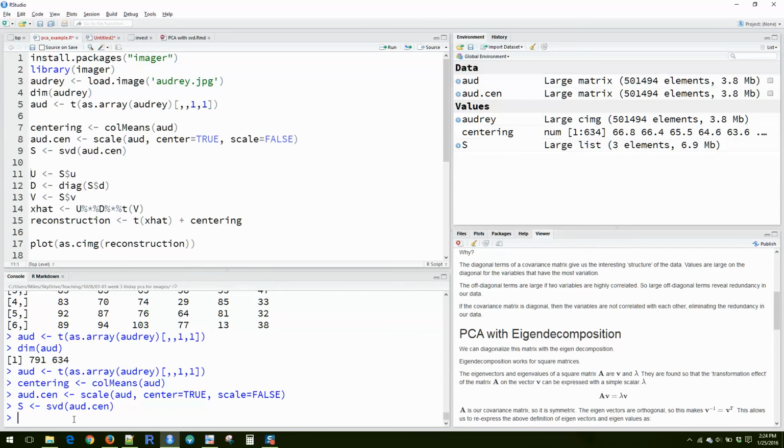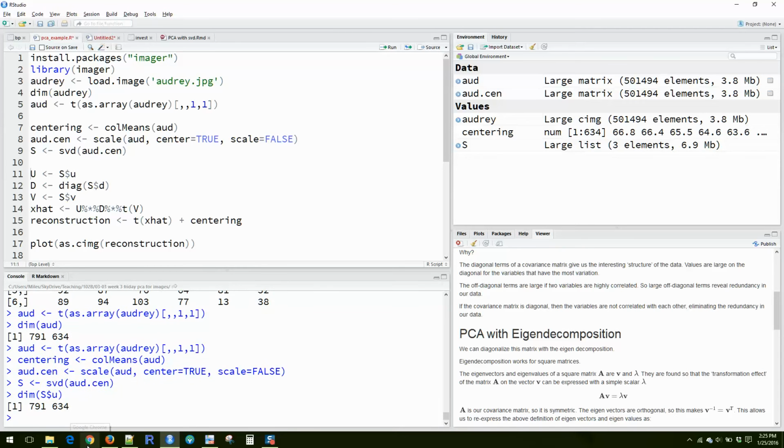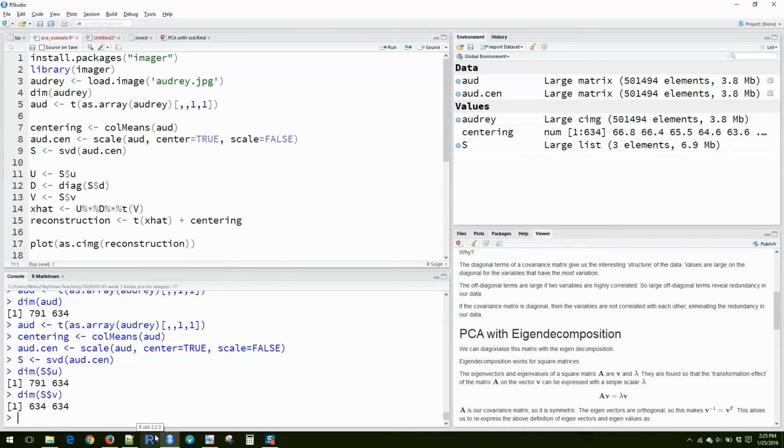All right, and if we looked at any of these, if we looked at S $U and asked what the dimensions of S $U are, U D transpose V. Expecting this to be square, but let me think here.